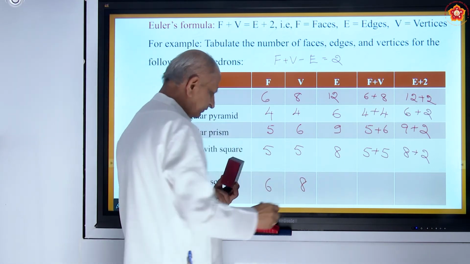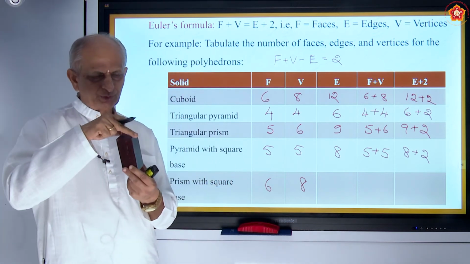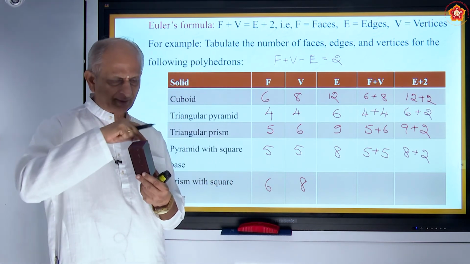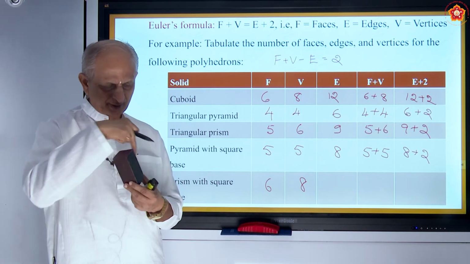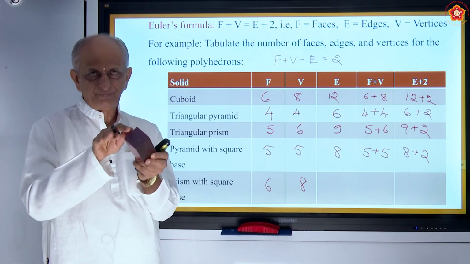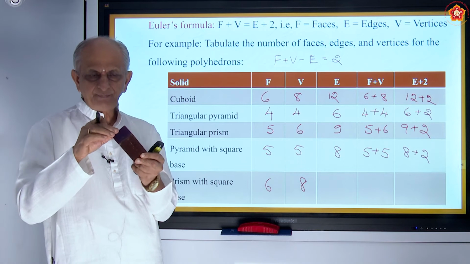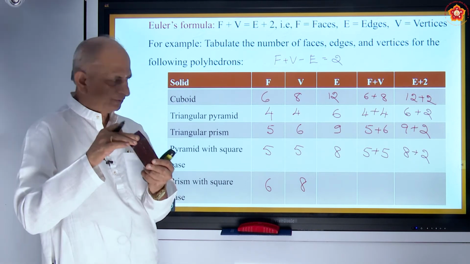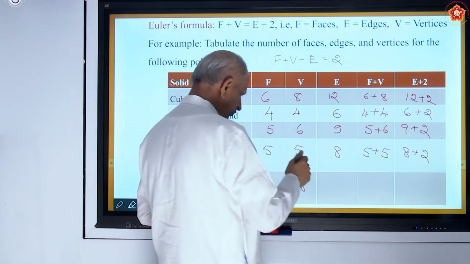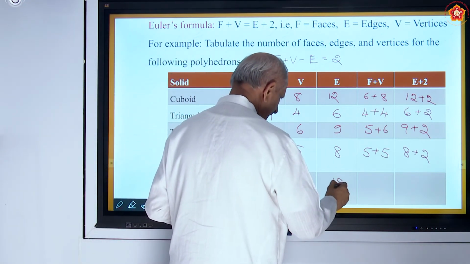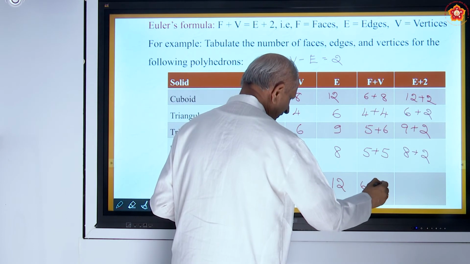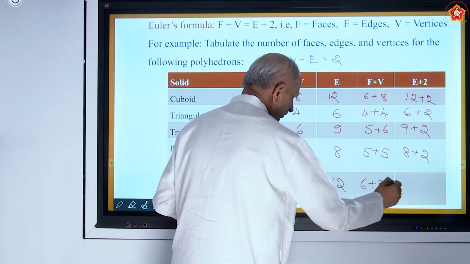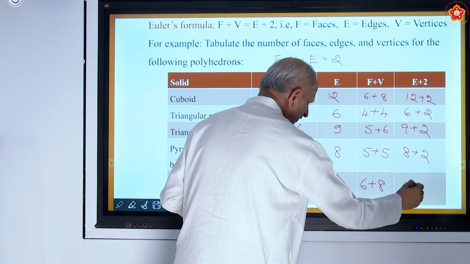How many edges? 1, 2, 3, 4, 5, 6, 7, 8, 9, 10, 11, 12. This is called an edge, wherein the surfaces meet. Okay. So, how many totally? 12. So, 6 plus 8 is how much? 14 is equal to 12 plus 2, that is also 14.